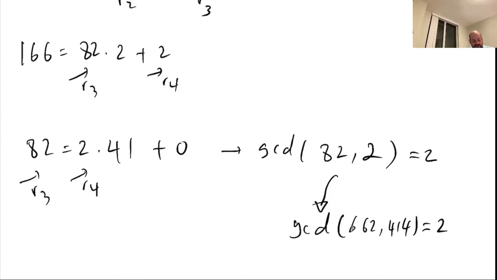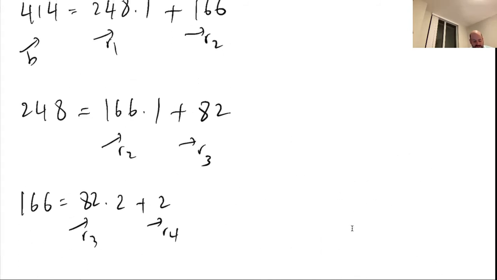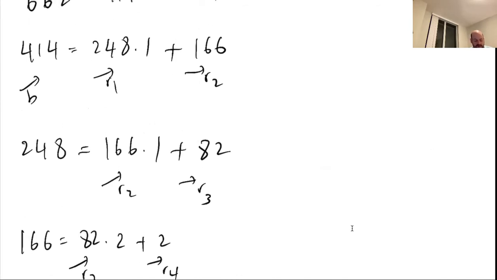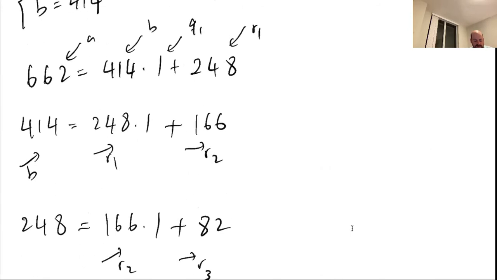But GCD of 82 and 2 was the same as 166 and 82, which was the previous step. And one step before that, 166 and 82 was the same as 248 and 166. One step before that, GCD of 248 and 166 was the same as 414 and 248.